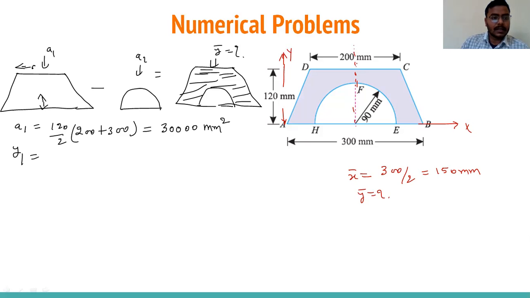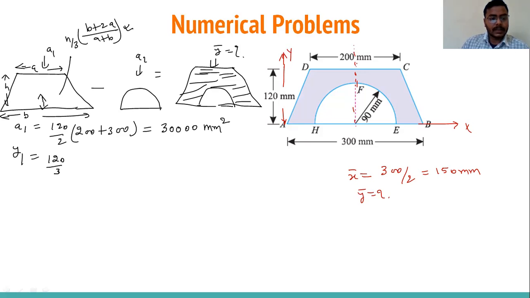If this length is a and this length is b, and this total height is h, the formula is h by 3 into (b plus 2a) divided by (a plus b). So put in the values: height is 120 by 3 into (300 plus 2 into 200) divided by (300 plus 200). You can solve; we will get 56 mm.